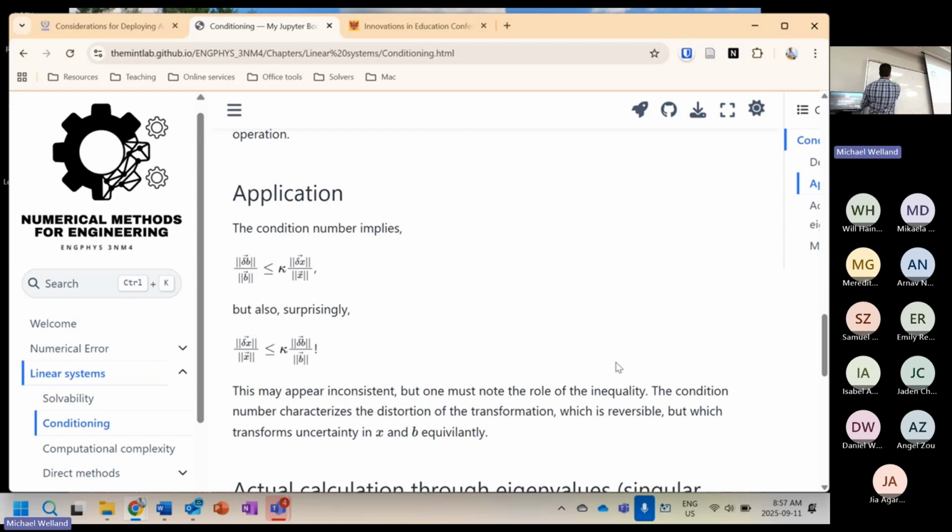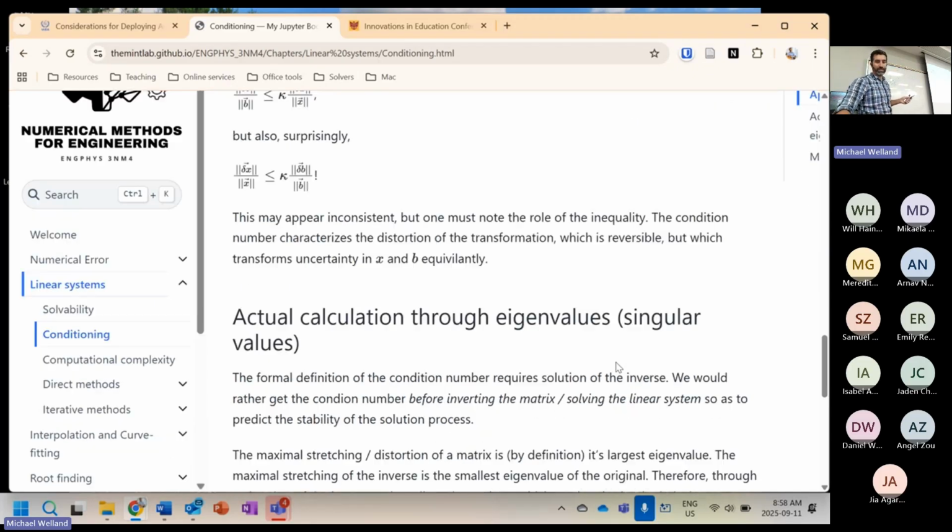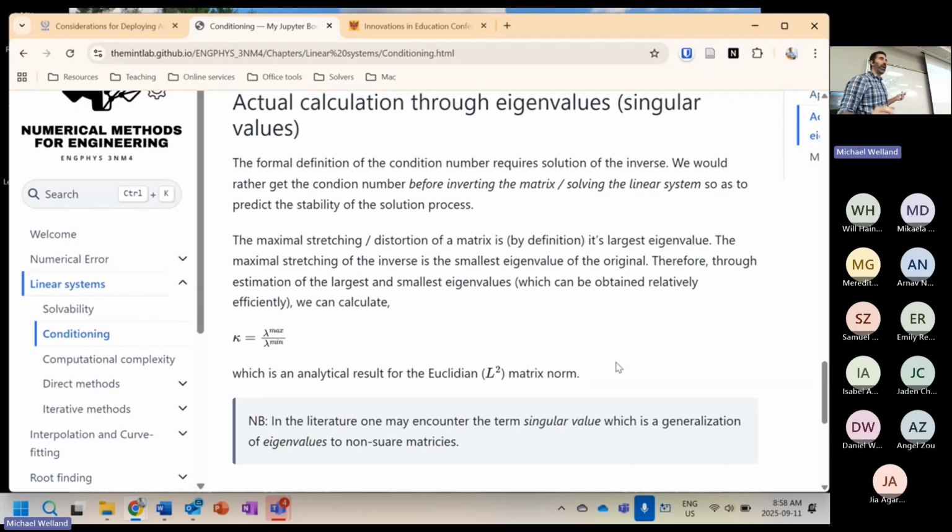This is another eigenvalue, another eigenvector, but it is the smallest. It turns out that the condition number is the ratio of the largest eigenvalue to the smallest.